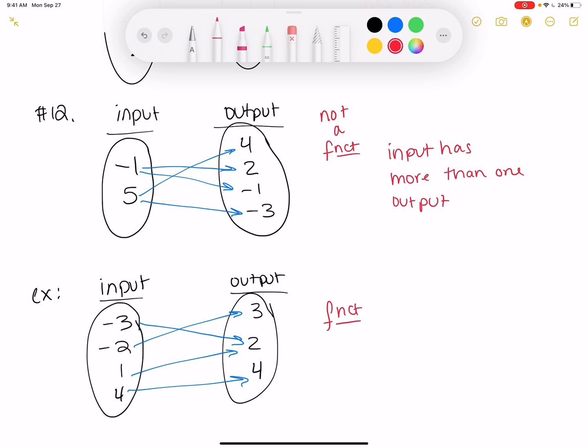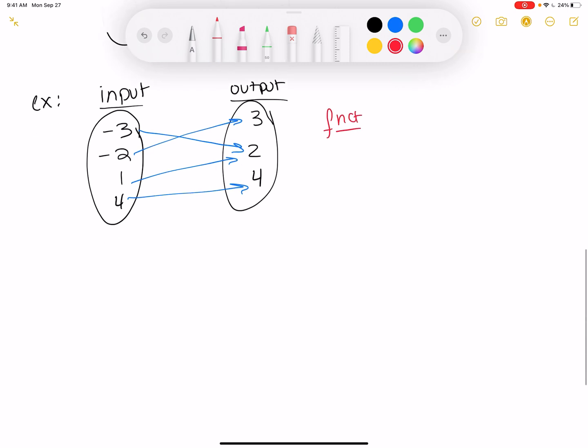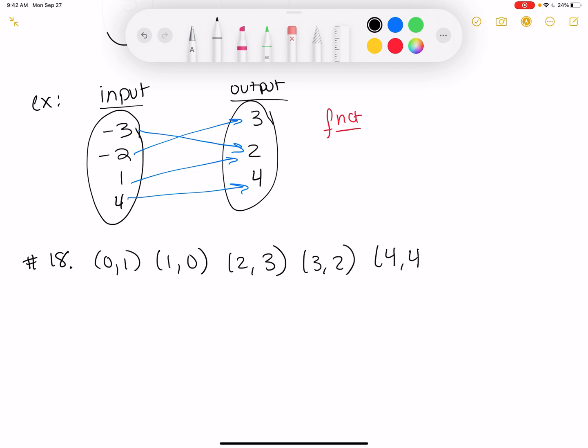All right, so the next ones say to tell whether the relation is a function and to explain. So we're given ordered pairs in this case: 0, 1, 1, 0, 2, 3, 3, 2, and 4, 4.